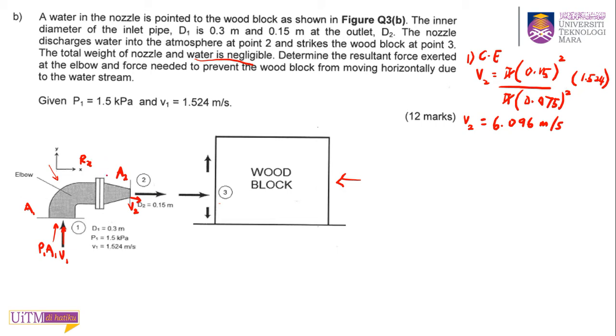So to calculate the resultant force at this elbow, you take point 1 and point 2 lah.